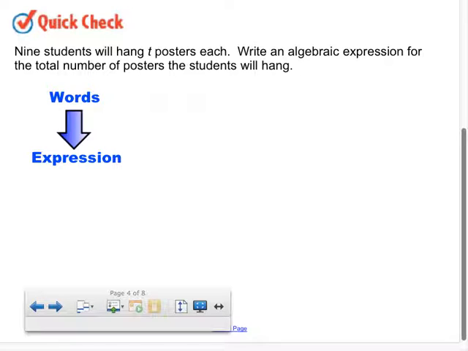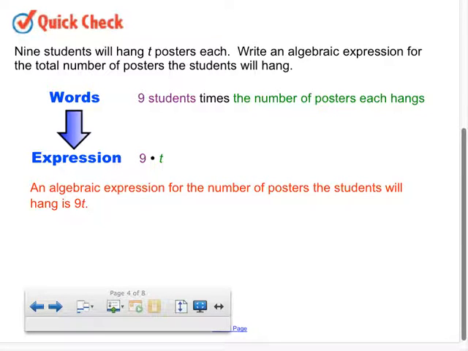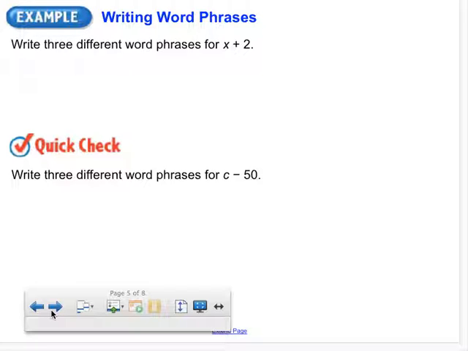Ben. What's the answer? Nice. The number of students, 9, times the number of posters that they hang up gives us 9 times t, or as you said, 9t. Any questions? Nope, we're good? All right. This is a super easy lesson. I feel like it's a nice introduction to the unit.